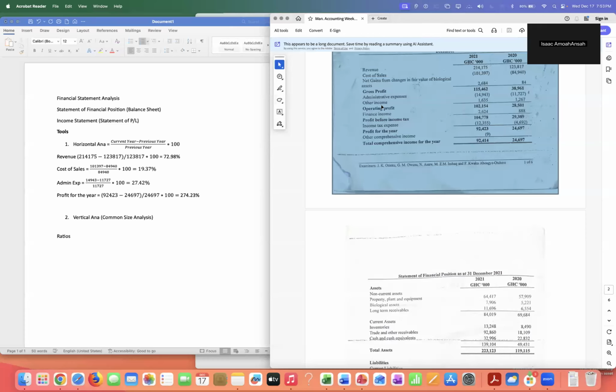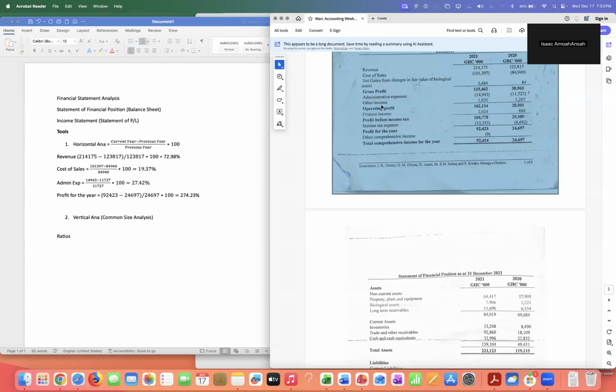So we're going to look at revenue as the benchmark item, of which percentages have been spent on cost of sales, kept as gross profit, or spent on administrative expenses, and the other elements that exist.